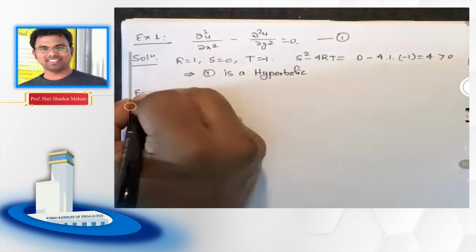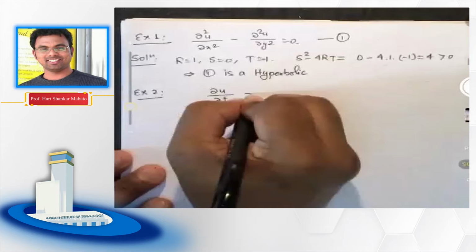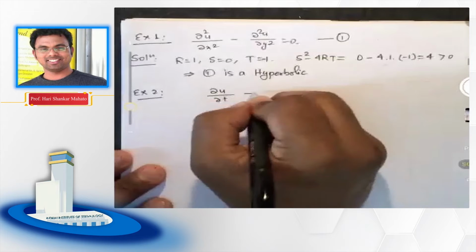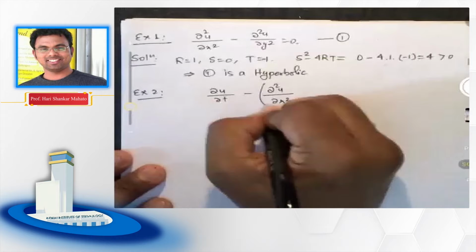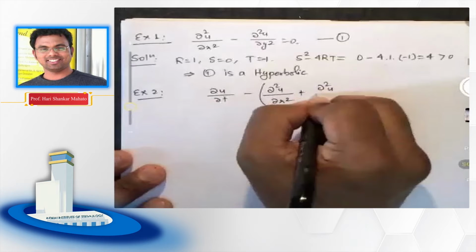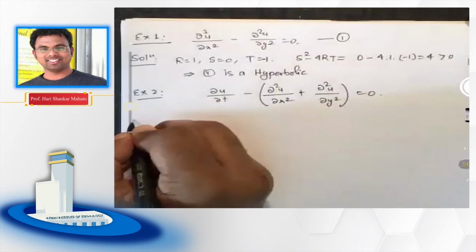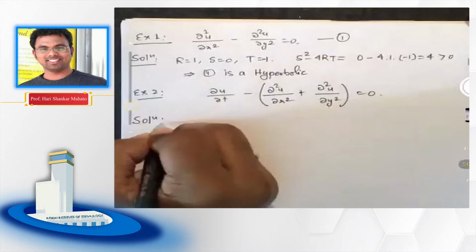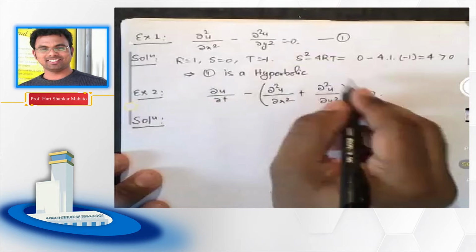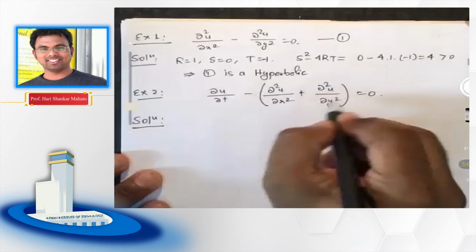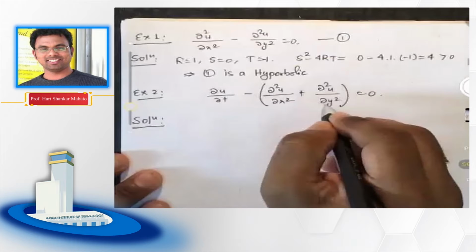Let's consider another example. Del u del t minus del square u by del x square plus del square u by del y square equals to 0. Since the equation is of second order, we are only interested in the coefficients of the higher order terms.